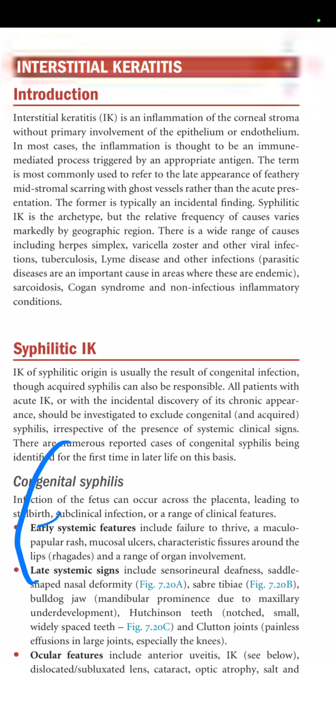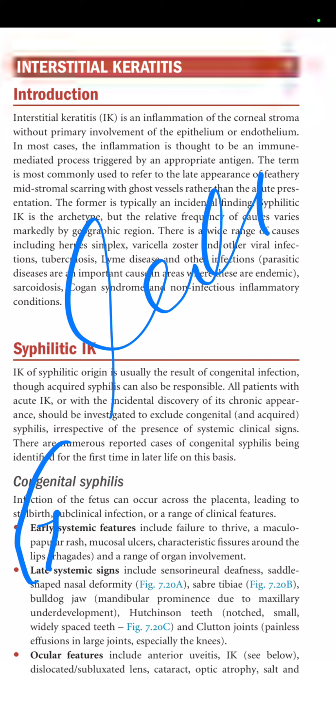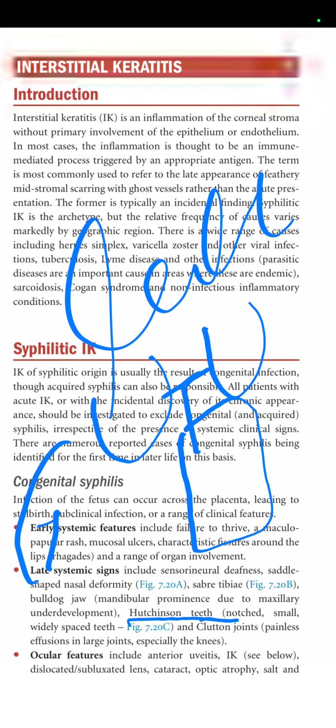So basically, these are all the late systemic signs that appear. Most important is Hutchinson teeth, seen when there is a gap between the teeth. In saddle-shaped deformity, the nose is very flat. Bulldog jaw is when there is mandibular prominence because the maxilla is not developed.